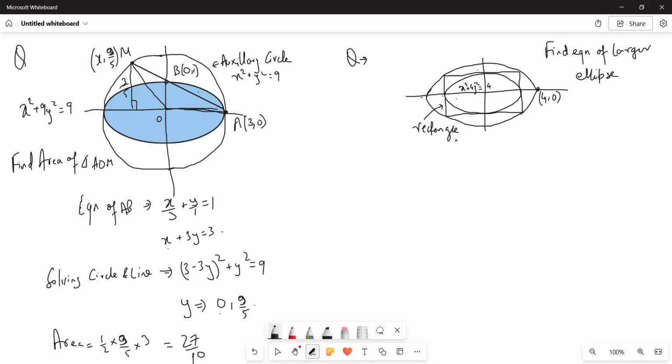The smaller ellipse is inscribed in a rectangle, which is again inscribed in a larger ellipse. Given that the equation of the smaller ellipse is x square plus 4y square equal to 4, find the equation of the larger ellipse.